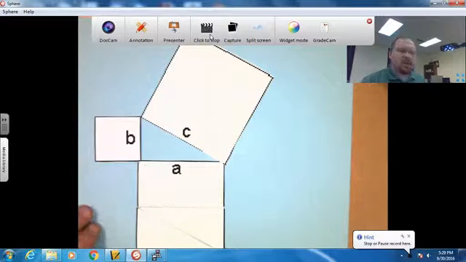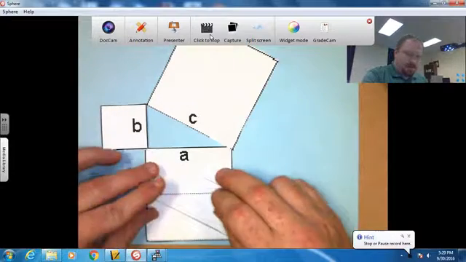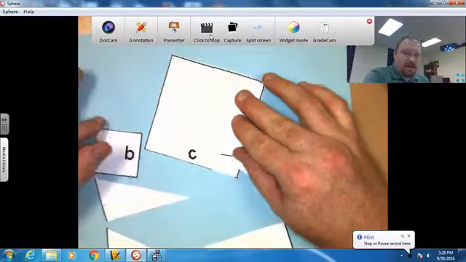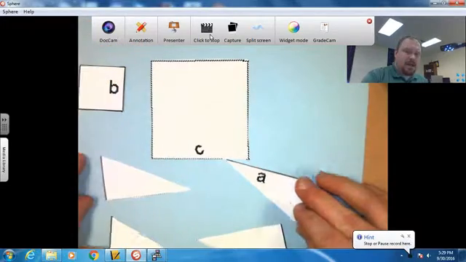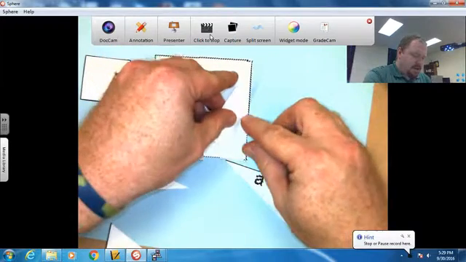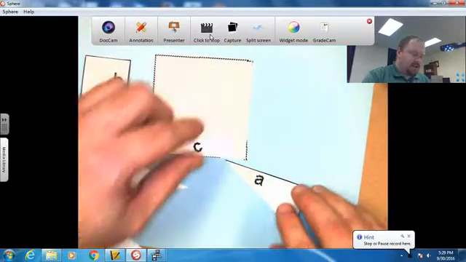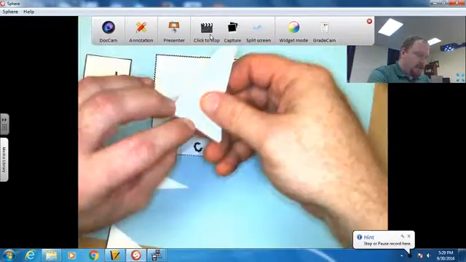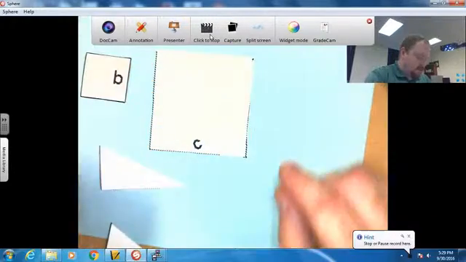Now what I'm going to do is take A and break it apart. Now I'm also going to take B and move it off to the side here. And I'm going to take each of these pieces of A and turn them over. I'm just going to put the hypotenuse along the outside of the square of C, and I'm going to be very, very careful with that.